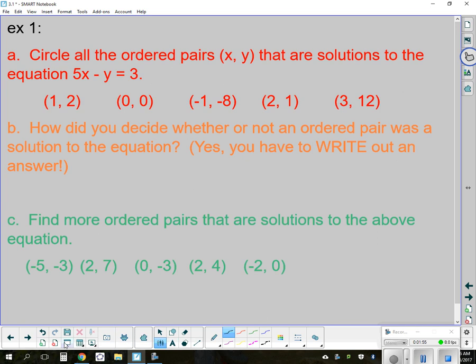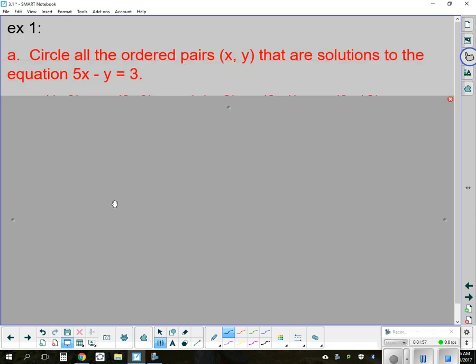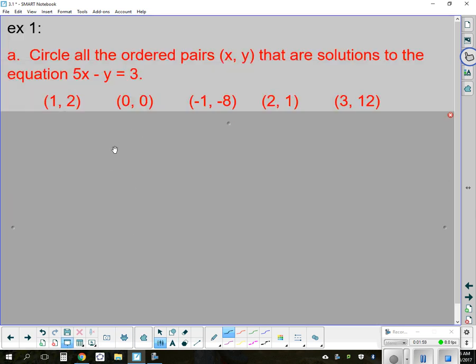Let me cover some of this up here. Okay, example 1. Circle all the ordered pairs. Remember, we know ordered pairs are always x, then y, that are solutions to the equation 5x minus y equals 3. So there's that equation. And we are trying to find ordered pairs that are solutions.